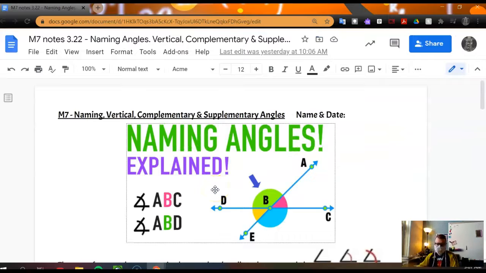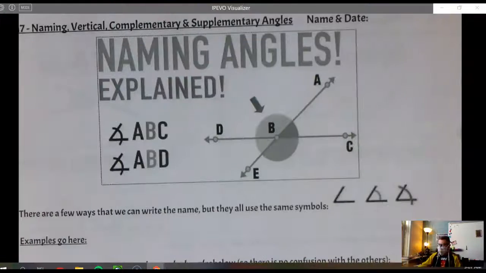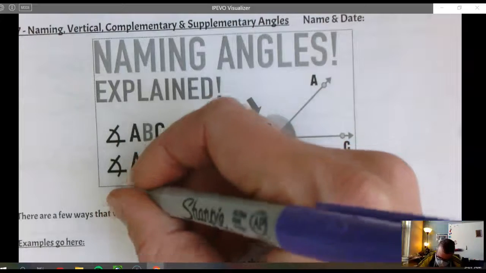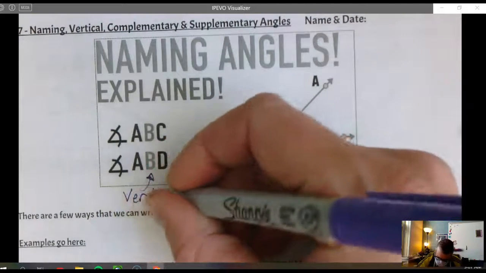When we go to name angles, there are actually a bunch of different ways that we can do that, but one of the most common ways is we use 3 points to do so. The middle point is always your vertex. So on your notes, if you really quickly want to label, like down here, that this is always the vertex, wherever you want to write that.